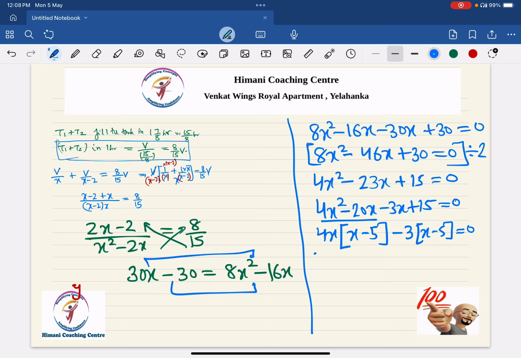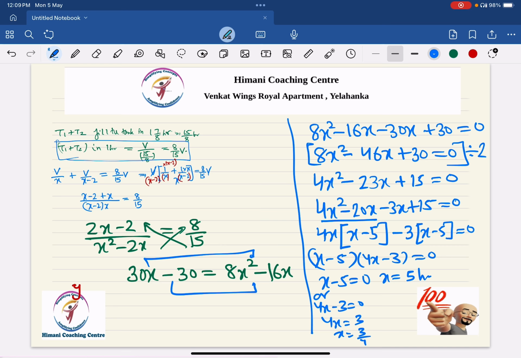So we have got x minus 5 times 4x minus 3 equals 0, which gives us x minus 5 equals 0, or x is 5. That is, time taken by the smaller tap should be 5 hours, or 4x minus 3 equals 0, which is 4x equals 3 and x equals 3 by 4.